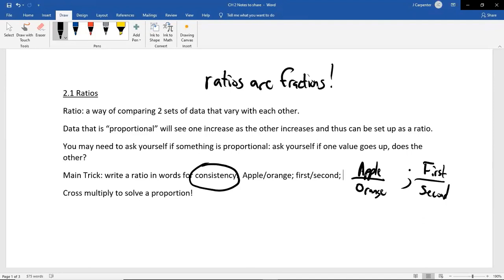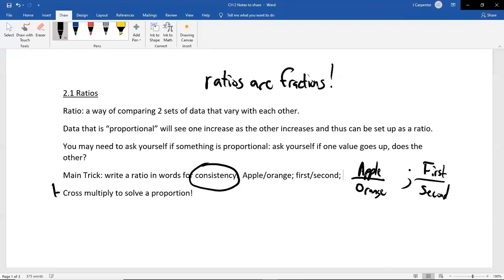We'll get there another day. For now, a proportion is a fraction equal to a fraction. It's a ratio equal to another ratio. It's the ratio of apples to oranges in the first scenario to apples and oranges in the second scenario. So again, a proportion for now is a fraction equal to a fraction where your units, words, ideas, concepts, items, whatever you want to call them, are consistently the same on the top and the same on the bottom.